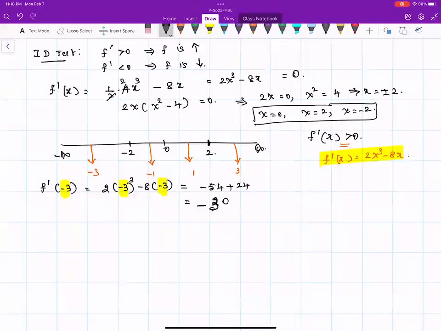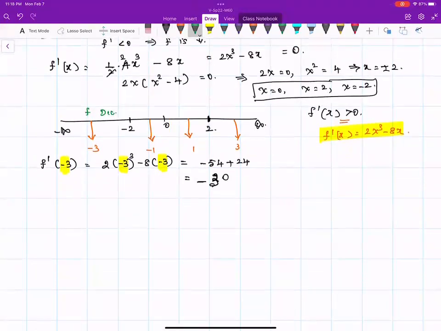So f prime of negative 3 is negative, which means f is decreasing in this interval.